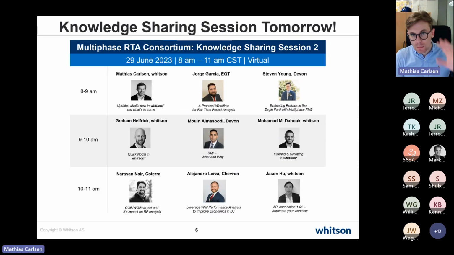Really quick, tomorrow is the knowledge sharing session for the Numerical RTA Consortium. That's the second one. It's a 3-hour virtual meeting with 9 different presentations on different topics. So that's the second of in total 3 consortiums or knowledge sharing sessions.